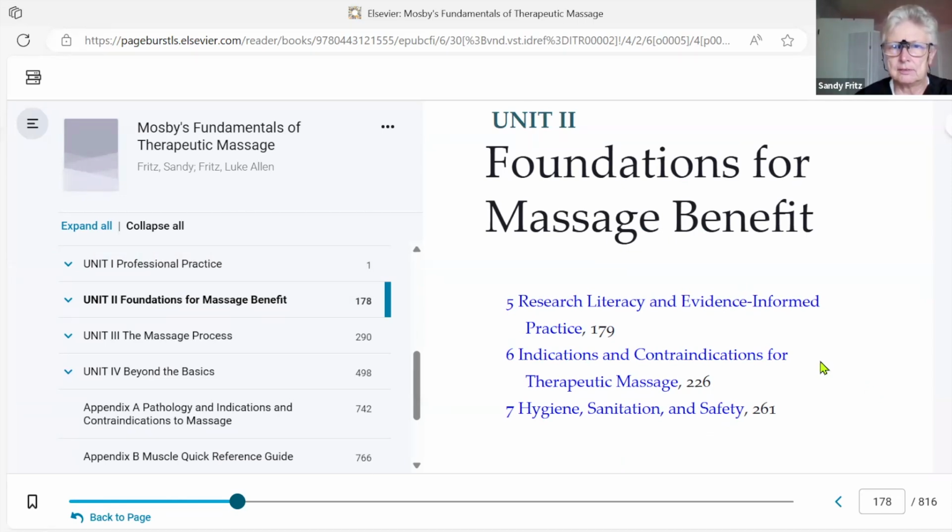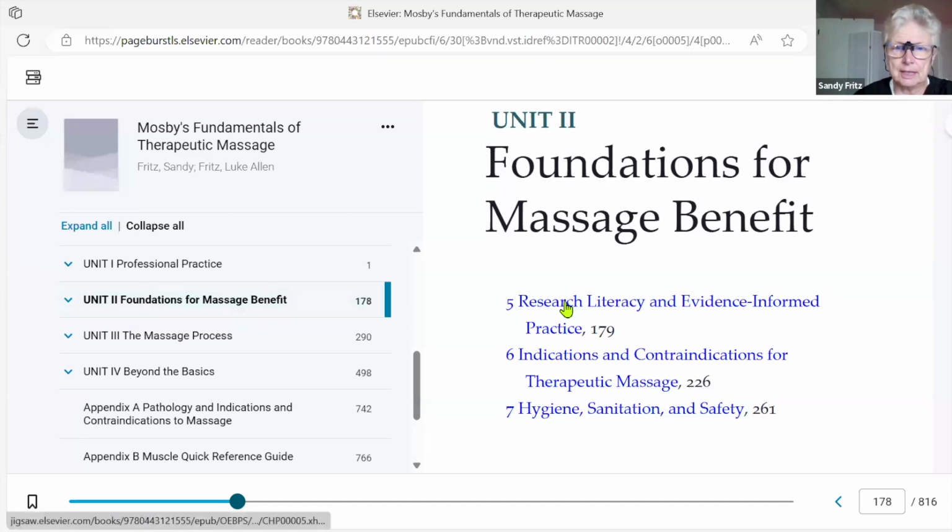And this unit is setting the stage for you to understand the benefits of massage, the indications for massage, the contraindications for massage, how research literacy fits into all of that. And then the last chapter is on hygiene, safety, and sanitation.